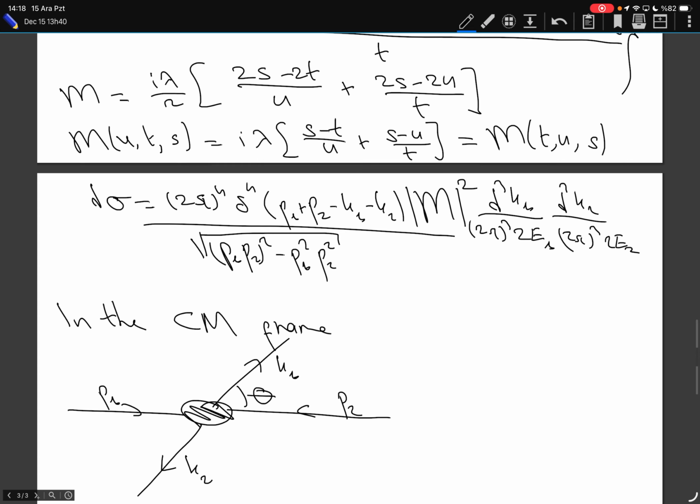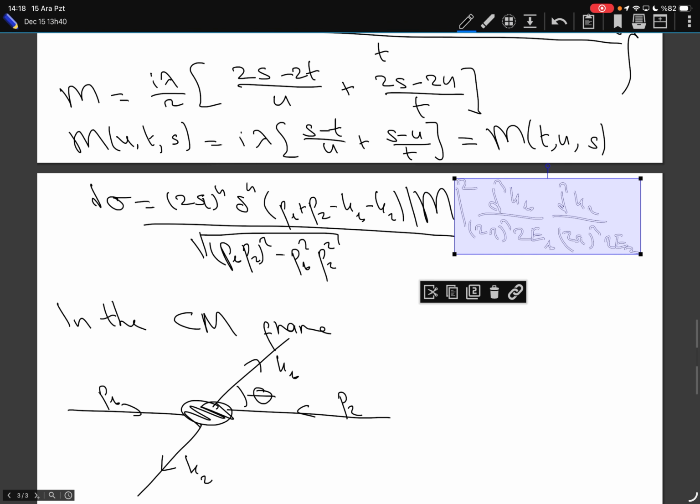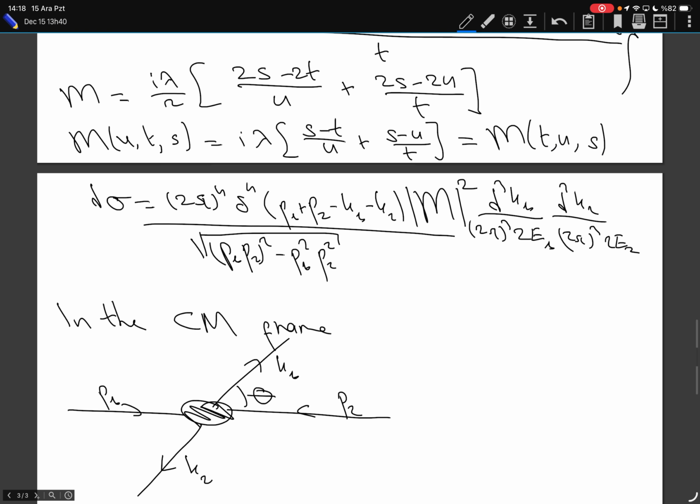So the cross-section cannot depend on the phi angle, it can only depend on the theta angle. So I should be able to express everything in terms of this theta angle. Basically, what I'm saying is I can, among these 6 integrals, without even knowing what my invariant amplitude is, integrate over 5 of them and just take theta as my free integration variable.